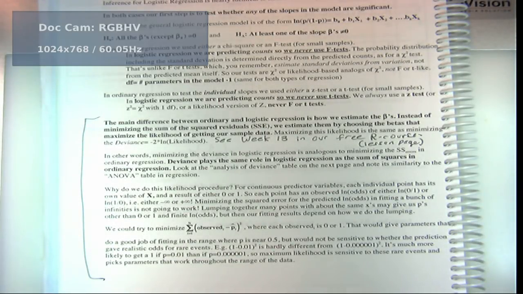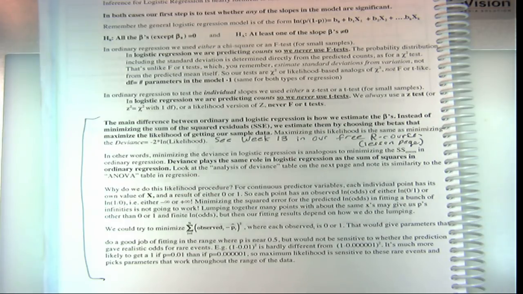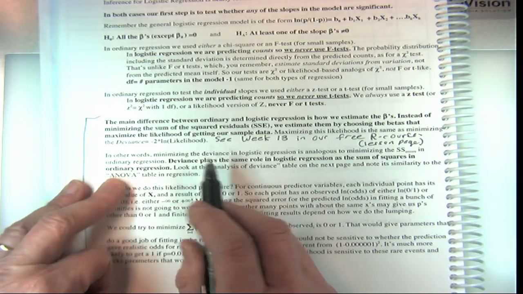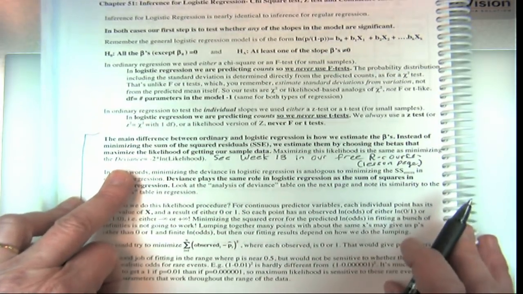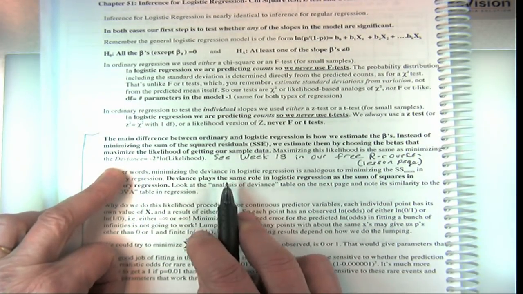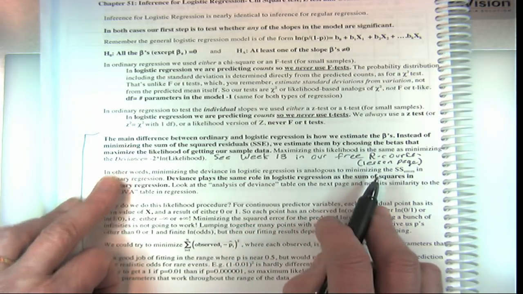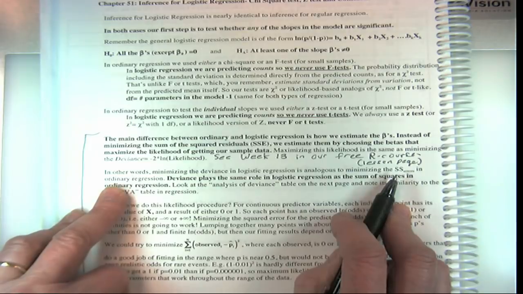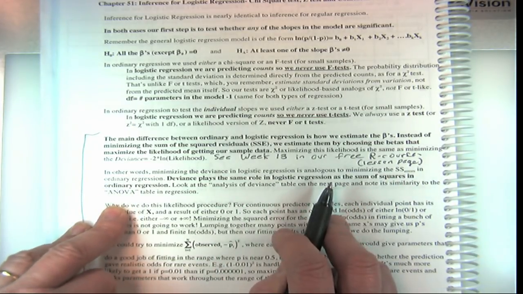Meanwhile, the quick, more intuitive explanation is this. We have this thing called deviance. Minimizing the deviance in logistic regression is analogous to minimizing the sum of squares errors in ordinary regression. It plays the same role.